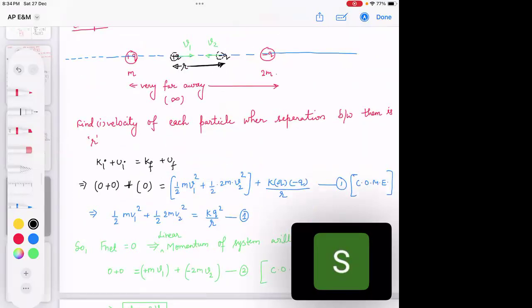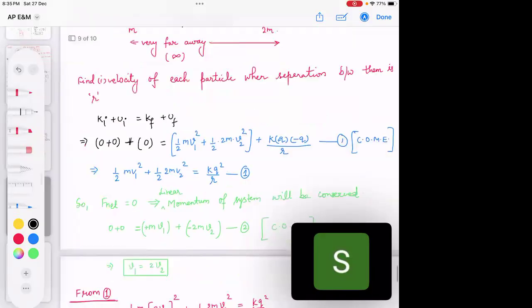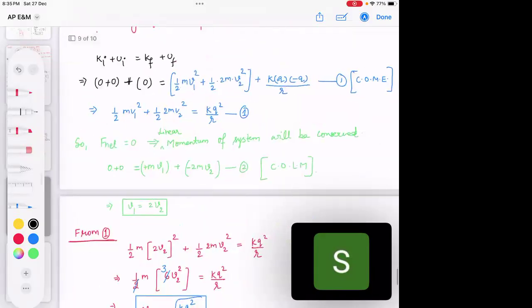Yes, sir. One equation is conservation of mechanical energy and the other equation is conservation of linear momentum. Why did we conserve the mechanical energy? Because we saw in the question there is no work done by any kind of non-conservative forces. That's why we applied the mechanical energy conservation. And the second one, linear momentum conservation. Why? Because we saw there is no net force acting on the system.